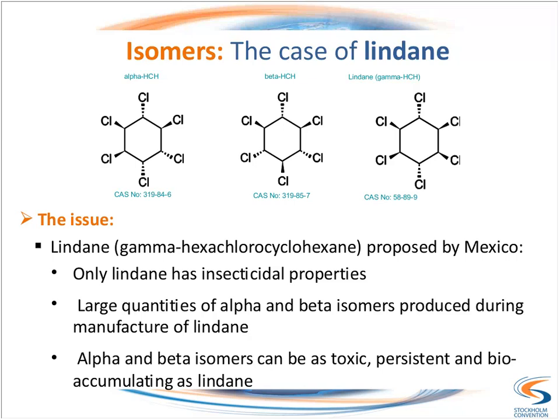And there were large quantities, almost more than 80% of alpha and beta were produced when you wanted to produce lindane, because you get a mixture of alpha, beta, and gamma. Then you separate the lindane, the wanted pesticide, and you have a big pile of 80% of your whole production stockpiled, is waste, is alpha HCH and beta HCH. But these alpha and beta isomers are also toxic, persistent, and bioaccumulating. So they are also a problem.